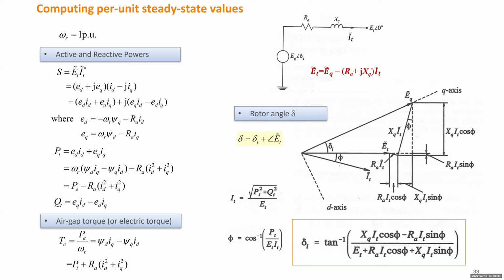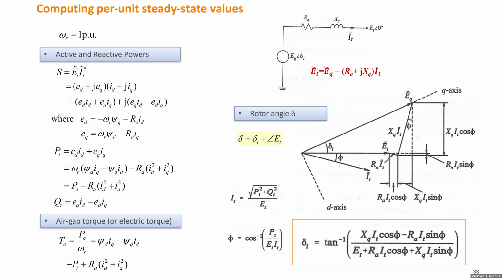The idea to calculate delta I is that we utilize this triangle. Because delta I, the tangent of delta, is equal to this part divided by that part. We calculate this part by the numerator in this formula, right? This part will be equal to this part, which is equal to SQ IT cosine phi.